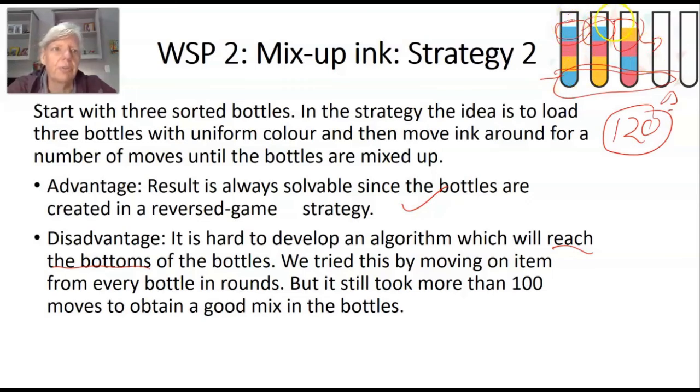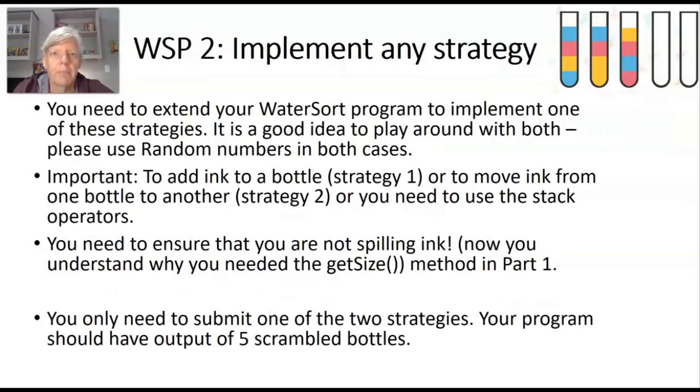One round is moving one from every bottle, but it still took me more than 100 iterations. Now the computer is doing it. You can see this in the introductory video. I keep on scrolling up sometimes right at the beginning of the video, scrolling through the work done by the compiler.